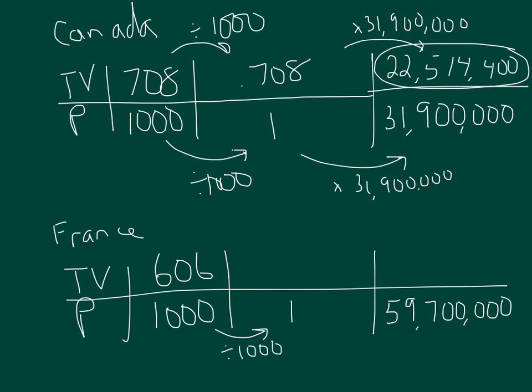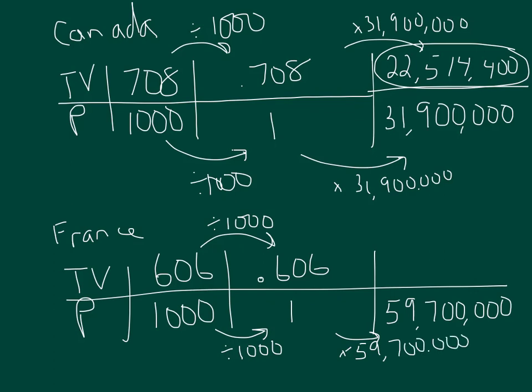So I'm doing 1,000 divided by 1,000, and 606 divided by 1,000, which gave me 0.606. I'm going to multiply both top and bottom by 59,700,000, which of course I'm doing in my calculator because doing that in my head is not going to happen very quickly.